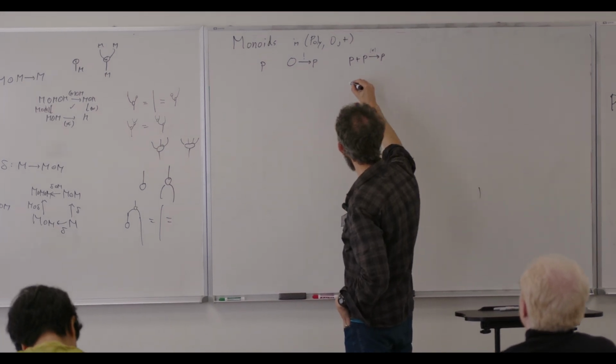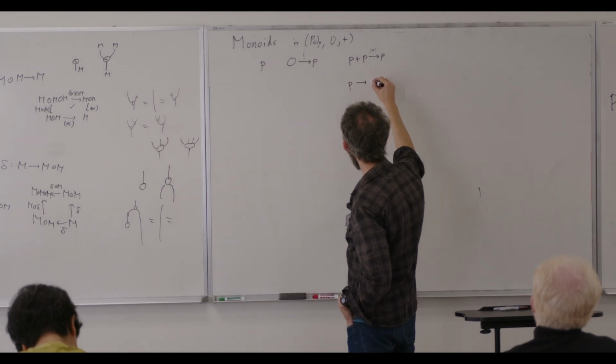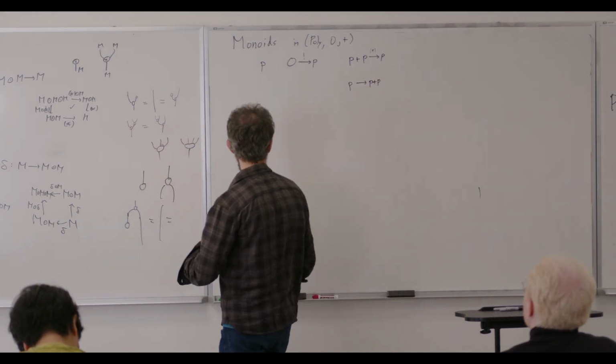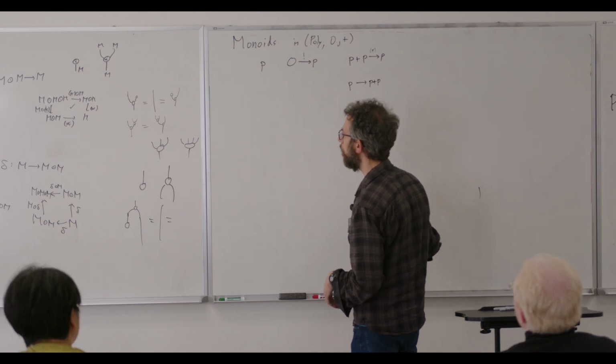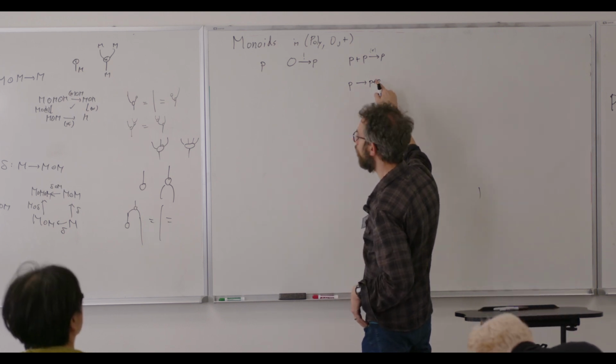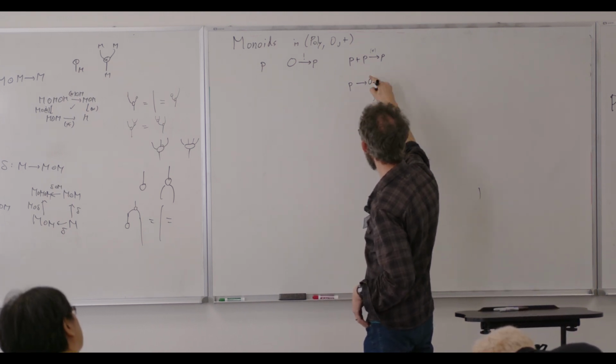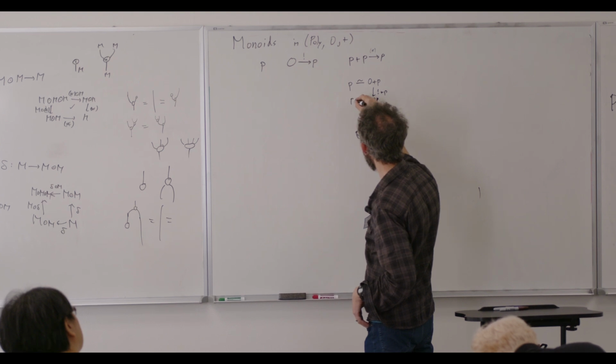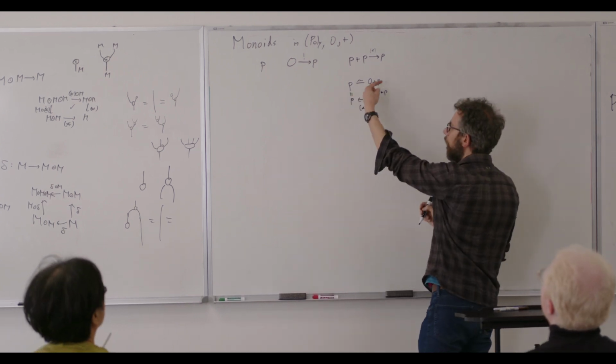But the laws tell us that if we go from p into p plus p, maybe I should write it in the same order, p to p plus p, p to 0 plus p, and then to p plus p by bang plus p, and then whatever our special weird map is here, that we get the identity.